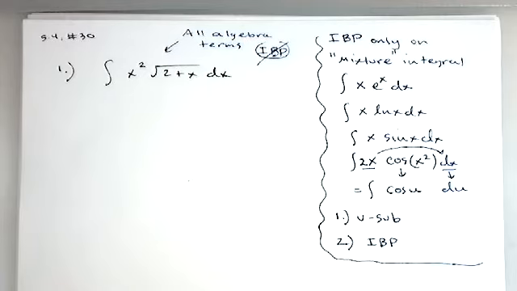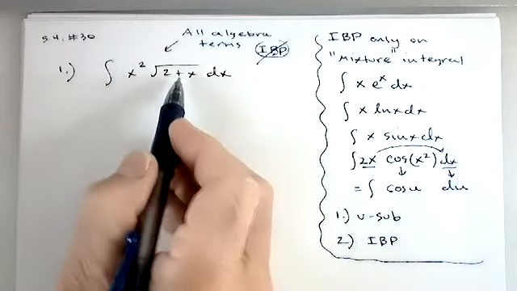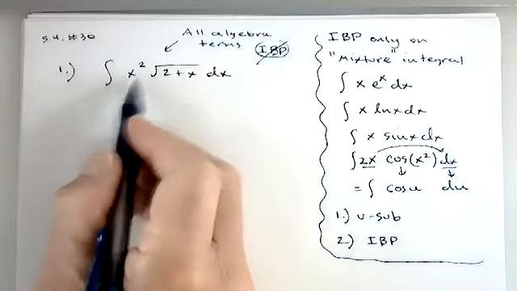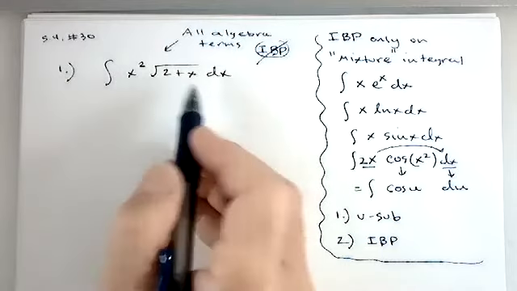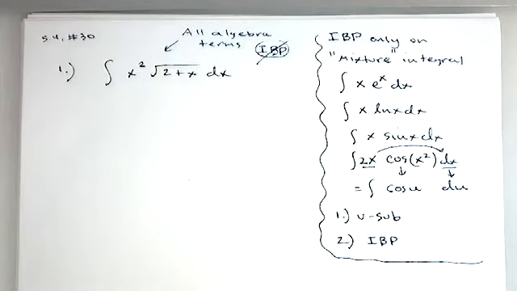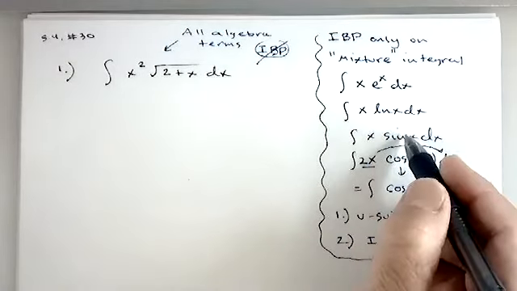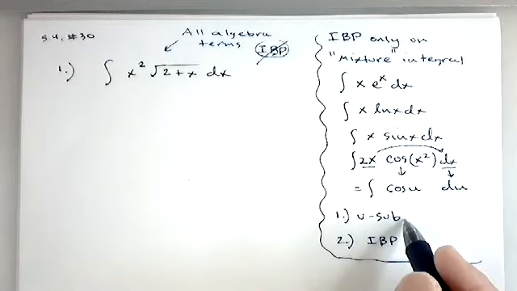And here's why. What is true is you can take a product, you probably could use integration by parts on this with some, let u be one part, dv be the other part. But if it's all algebra terms, I claim there's usually a better way than using integration by parts. So I like to just reserve integration by parts for when it's a mixture integral after I've tried u sub.